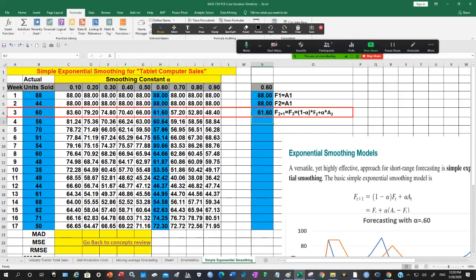So let's go here. I'm trying to recreate this 60.64. So this would be equal 1 minus alpha times the previous forecasted value plus alpha times the actual of the previous period. And that gives us the 60.64.